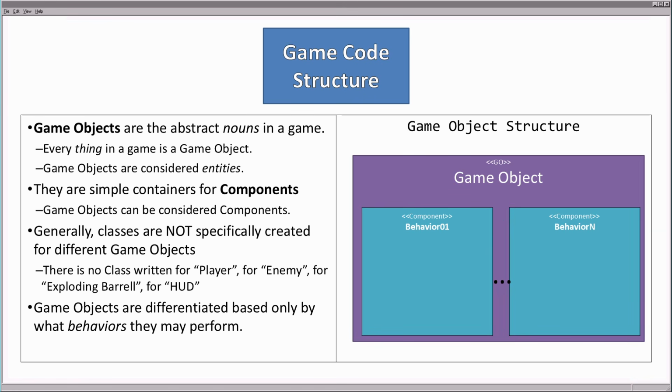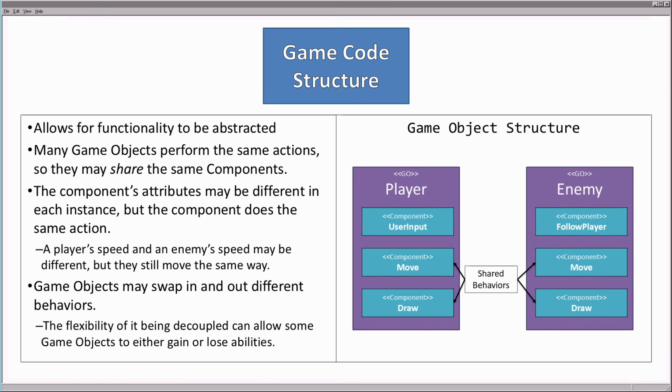Game engines commonly have a universal game object data type, which is not intended to be extended via programming inheritance, but instead just acts as a simple container for components and some additional metadata. Game objects are differentiated based only by what behaviors they may perform. The difference is not the data type, but rather how it behaves.